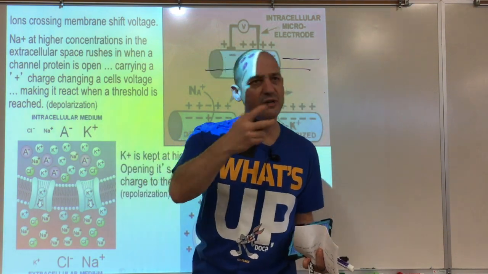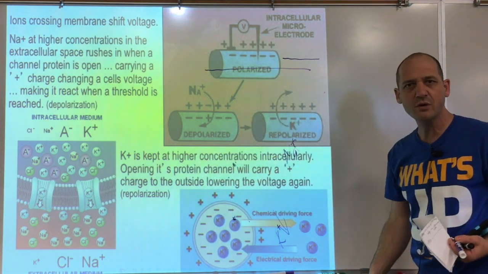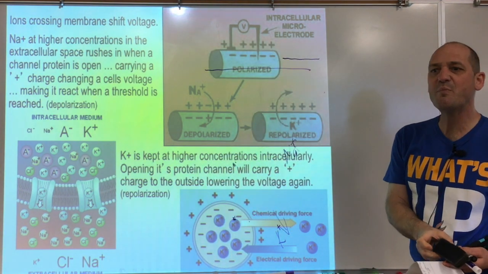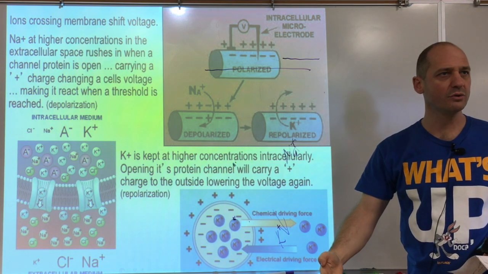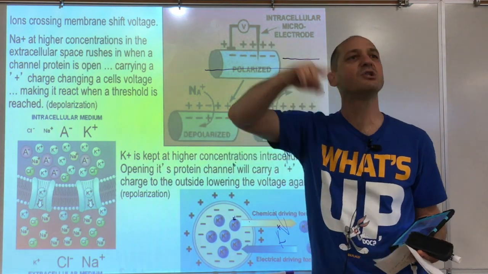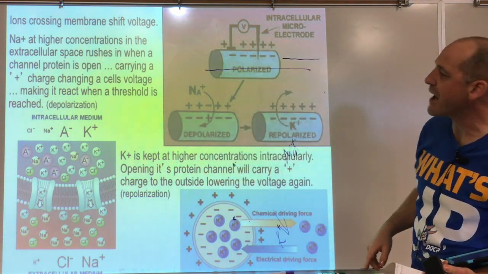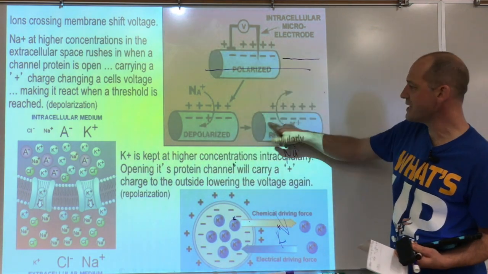The electricity has shifted. The inside is now more positive briefly. Now what we have to do is flip it back to stop the nerve impulse. The nerve impulse is a quick spike, but then the electricity changes right back to make the inside more negative again.